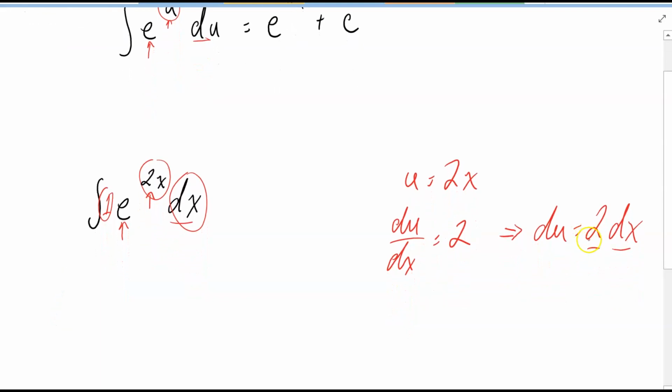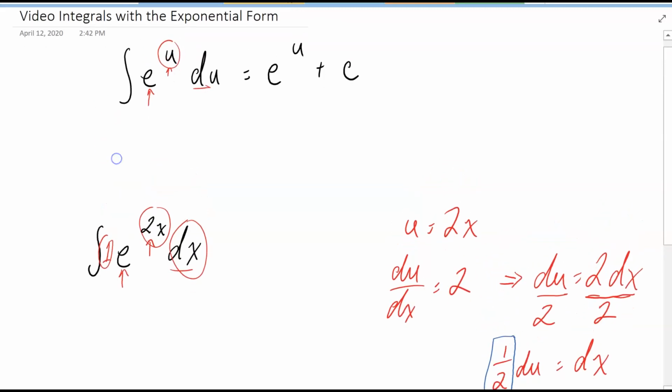And I do that, convert this 2 into a 1 by dividing that side by 2, and we'll divide this side by 2. And we find it a little bit easier to write that as 1/2 du is equal to dx. So what we found is a multiple that we must multiply this integral answer by to get the correct multiplication factor.